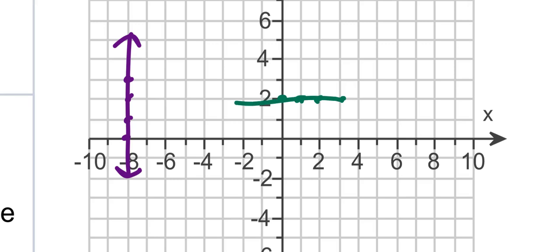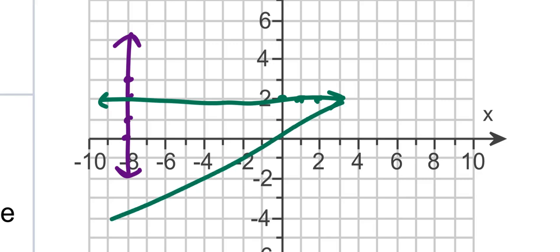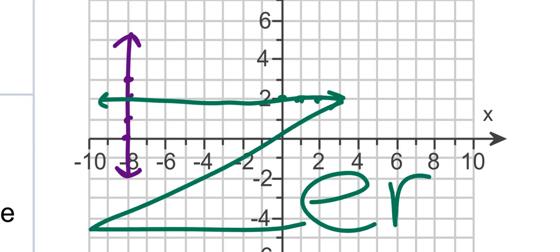That's a horizontal line. And do you know what the slope of that line is? 0. Do you know there's a difference between undefined or no slope and zero slope?